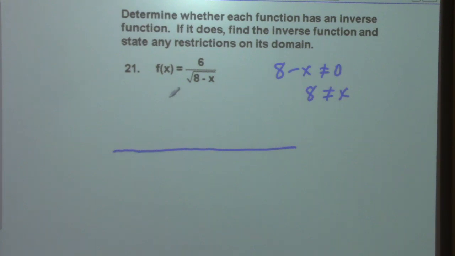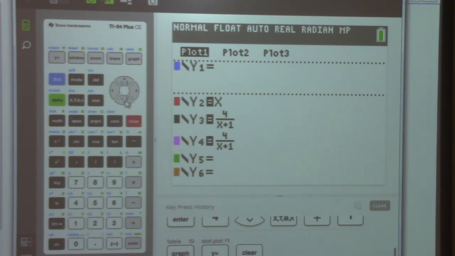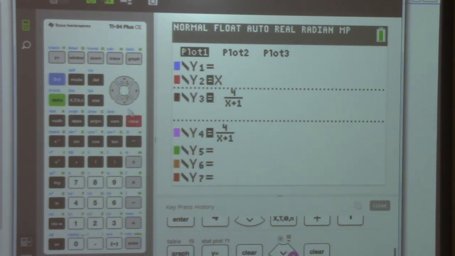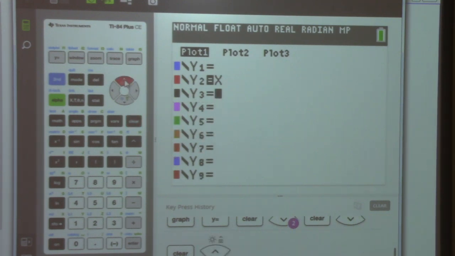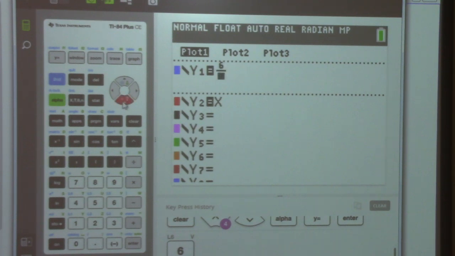a vertical asymptote, is it? Well, let me just put this in the calculator. 6 over square root of 8 minus x.